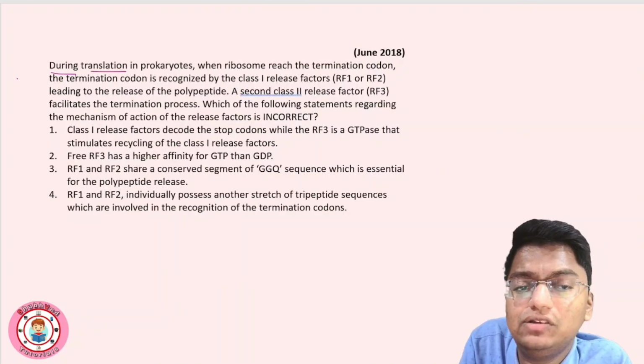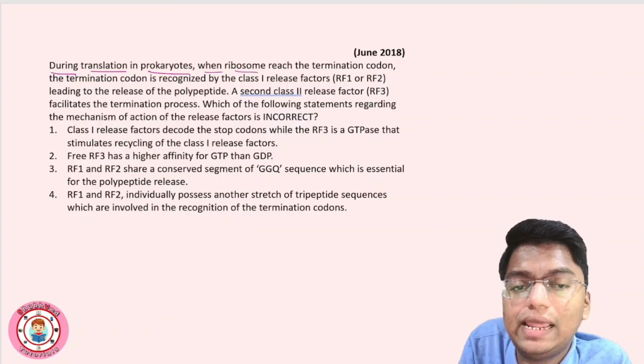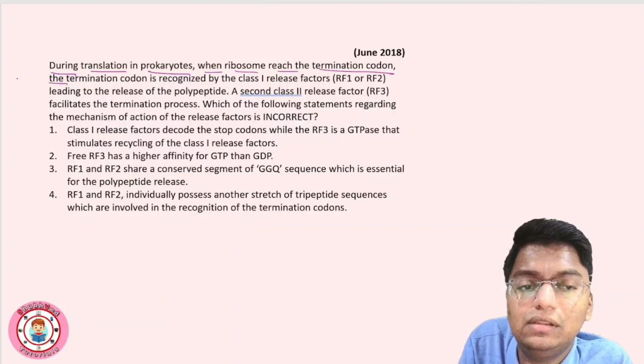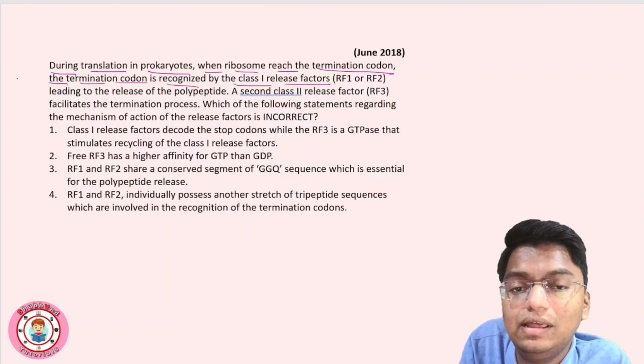During translation in prokaryotes, when ribosome reaches the termination codon, okay, ribosome termination codon को reach हुआ है. The termination codon is recognized by the class 1 release factors, RF1 और RF2.